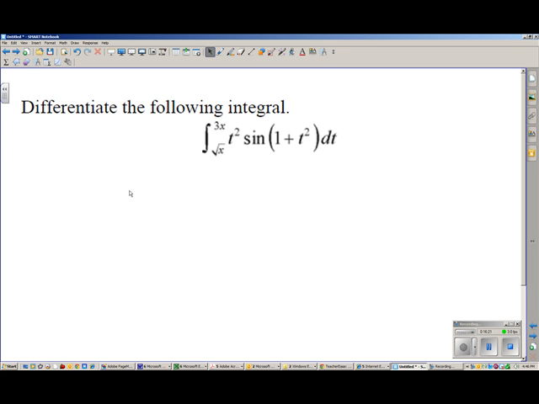Well, it has to do with the fact that we can take any integral and split it or break it up.